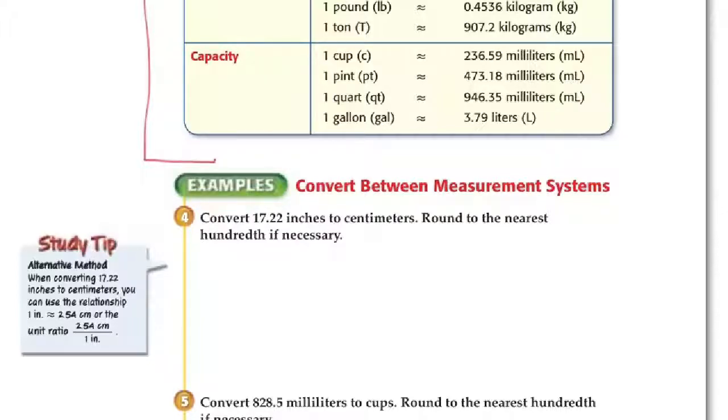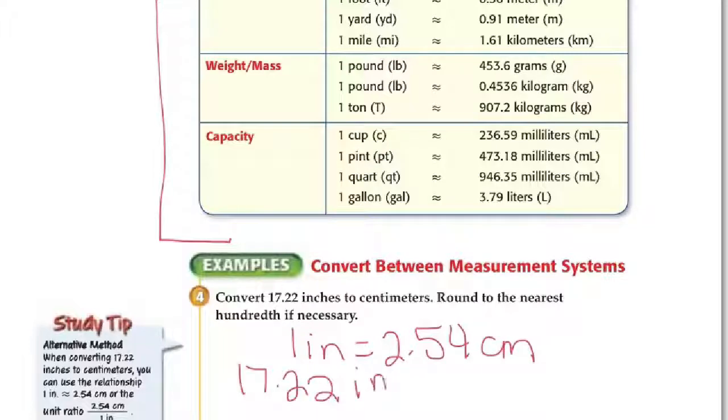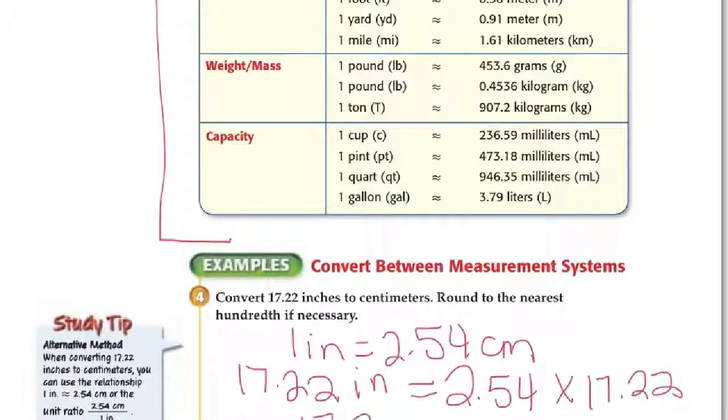So we want to use the conversion that we can see up here. How many inches you can see here? This is our conversion. 1 inch is 2.54 centimeters. So we will write that down. 1 inch equals 2.54 centimeters. So we would do 17.22 inches equals 2.54 times 17.22, and you will end up with 17.22 inches equals 43.7388.